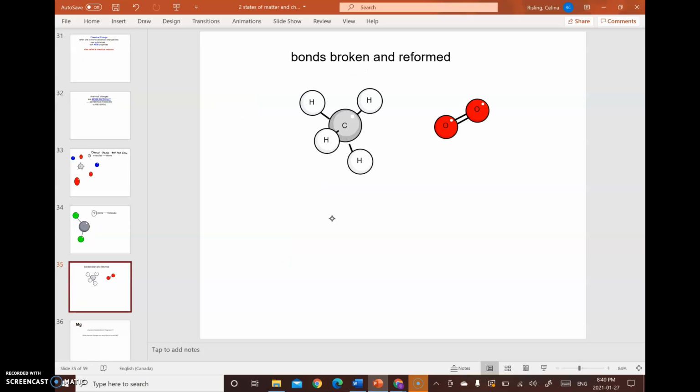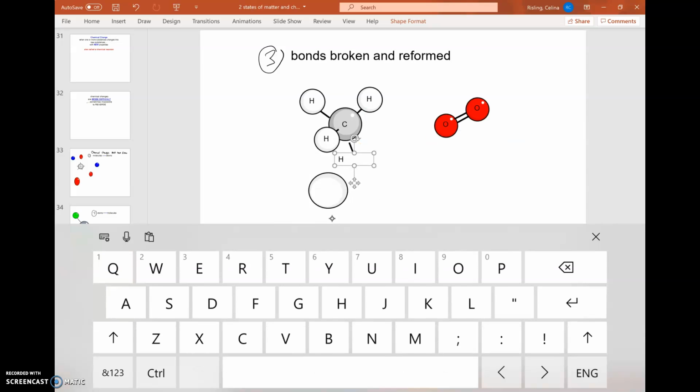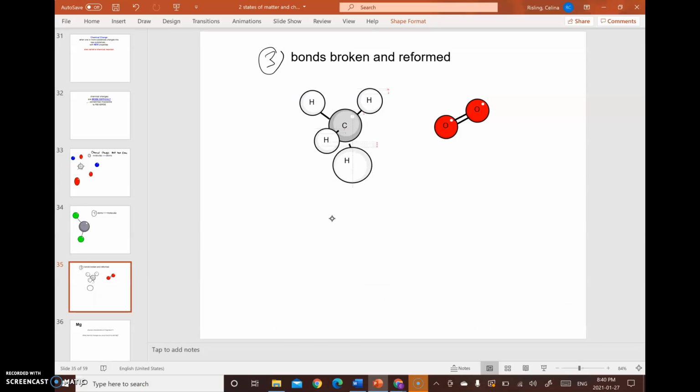And then the third situation: if bonds are broken and completely reformed. So if we break this up, and, you know what's going to be easier? I'm just going to go ahead and draw this.